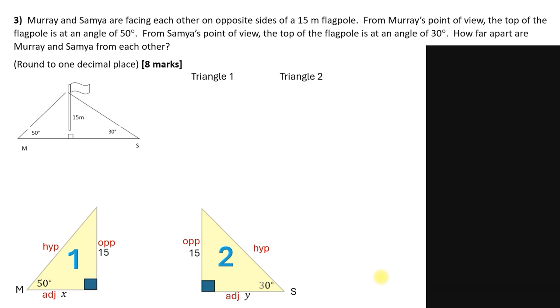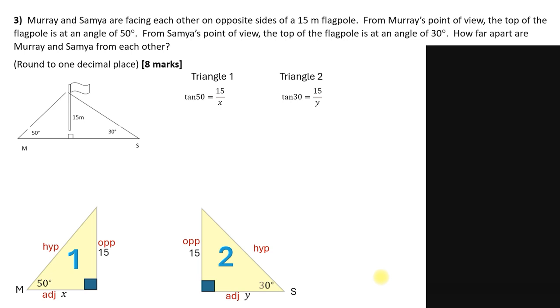So, relative to 50 degrees, we're given the opposite and asked for the adjacent. The trig ratio that deals with opposites and adjacents is the tangent. So we can say that the tangent of 50 degrees equals 15 over x. For Samia's triangle, or triangle 2, we can say that the tangent of 30 degrees equals 15 over y.